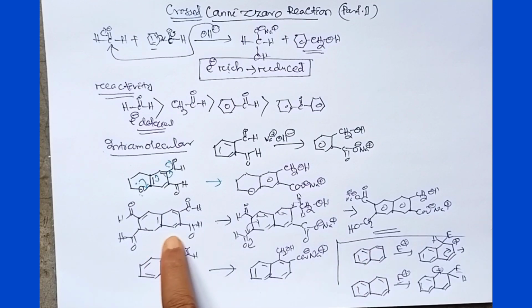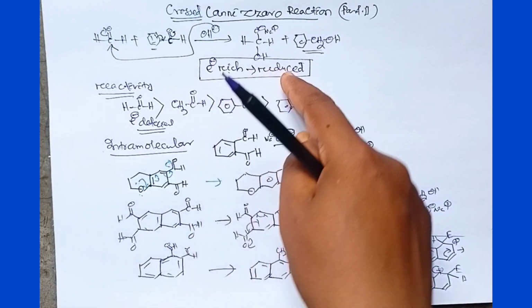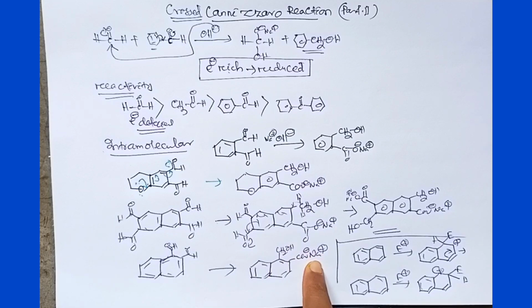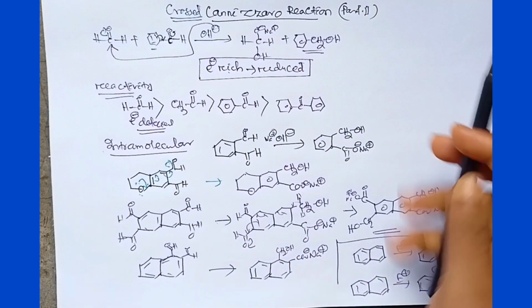So this aldehyde is somewhat more electron enriched than the one at the beta position. Electron rich means reduced, so this aldehyde will be reduced and this aldehyde will be oxidized. Okay, that's all about the Cannizzaro reaction.